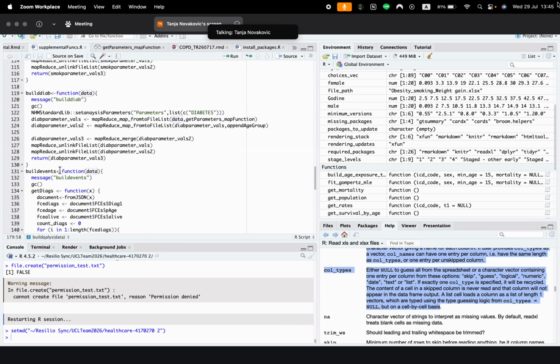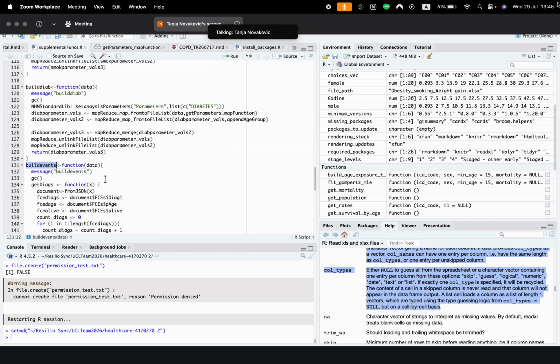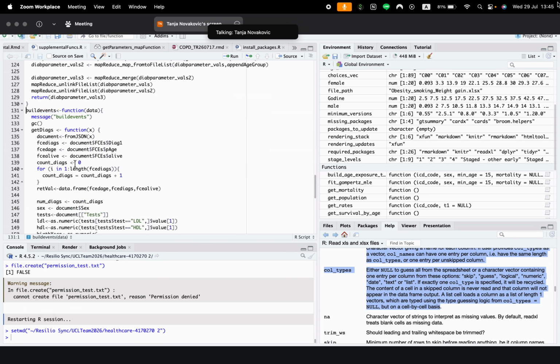Actually, probably the events is better. So this build events function is what we were showing, the individual patient data that's in there.